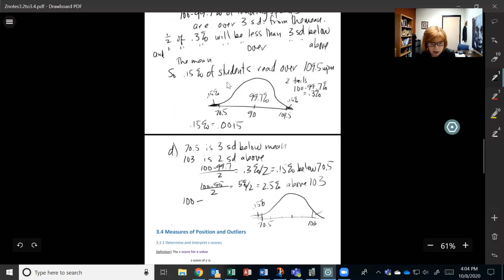And then over here, I'm going to have 2.5%. So what's in the middle, this is 100 minus what's on the outside. And this is 97.35%. And that's going to be between 70.5 words per minute and 103 words per minute.